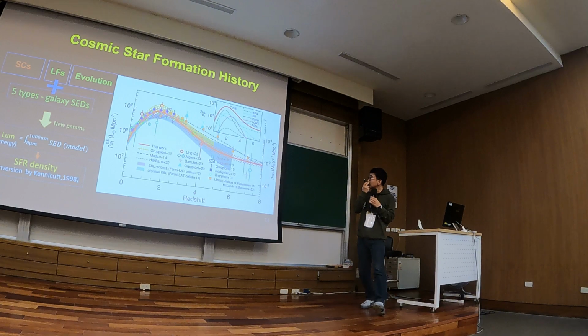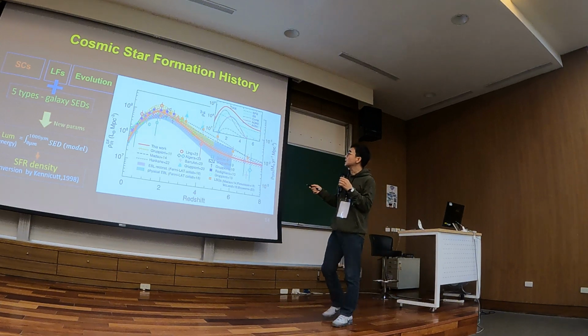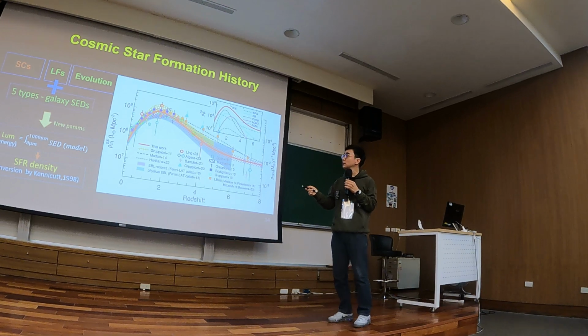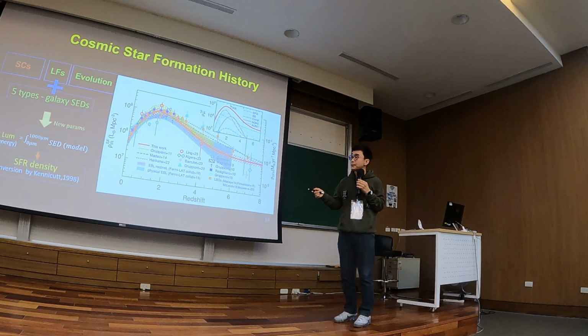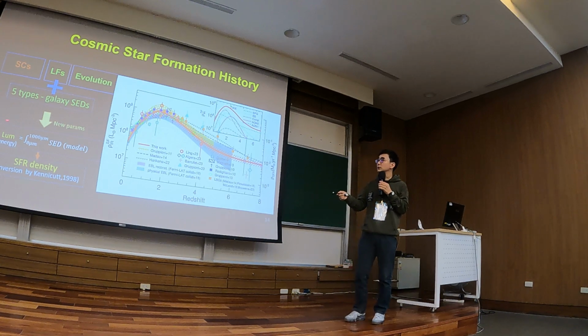So this is our final goal, the star formation history. From the source count, with some assumptions for luminosity functions and evolutions for 5 types of galaxies, we can obtain the new parameters. And using infrared luminosity density, we can obtain the star formation rate density, which is this red curve here.